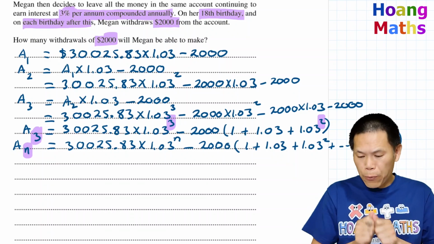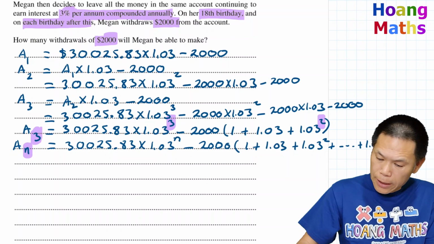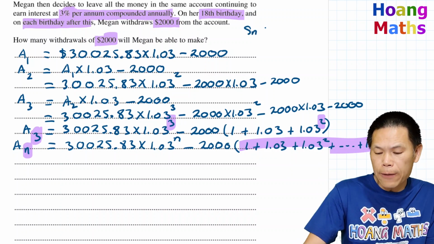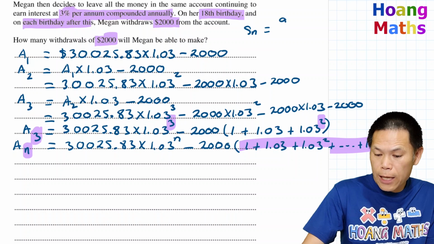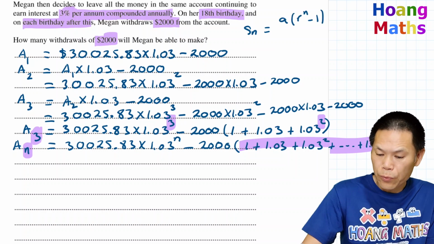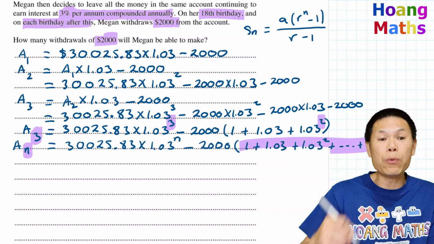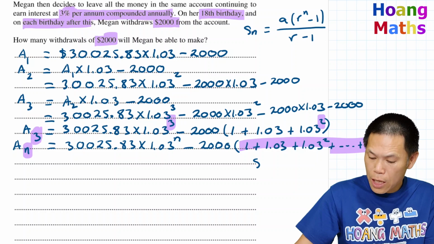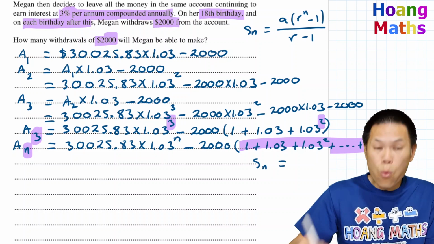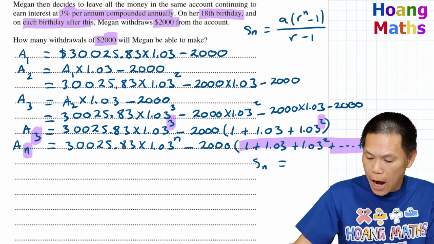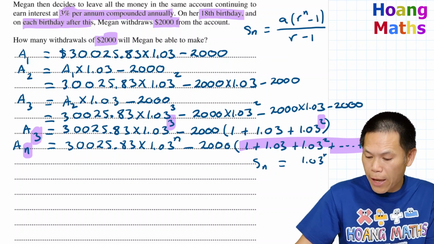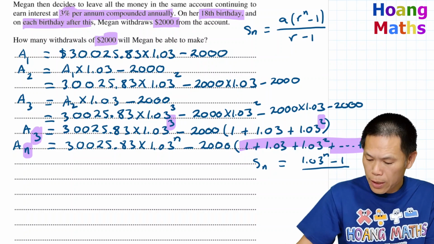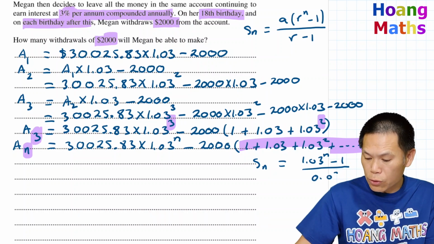So there you go. Now we just simplify this one first, okay? This is the series, and we know that the rule is S of n equals a(r to the power of n minus 1) over r minus 1. And we know that a is 1, so we just write in here S of n, and we can just ignore the 1. r is 1.03, so it's 1.03 to the power of n minus 1 over 1.03 minus 1, which is 0.03, if you like.